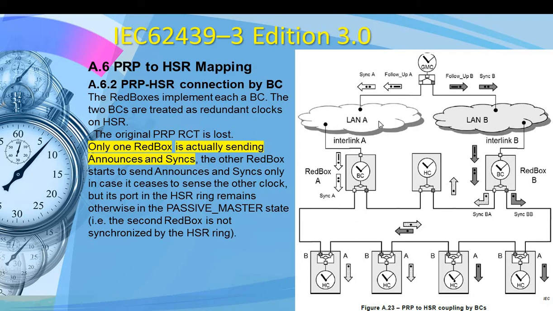This is a typical topology of how to connect PRP network LAN A and LAN B to the bottom HSR network via two different red boxes. These two red boxes run as boundary clocks.